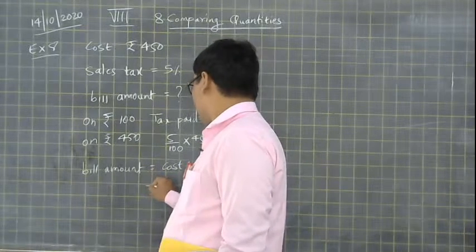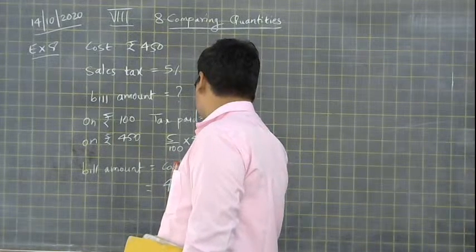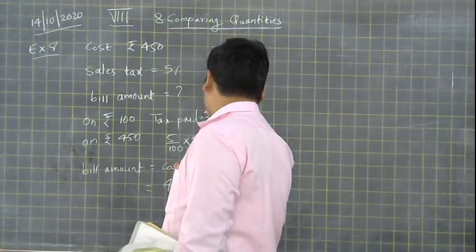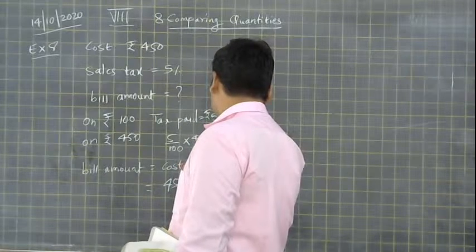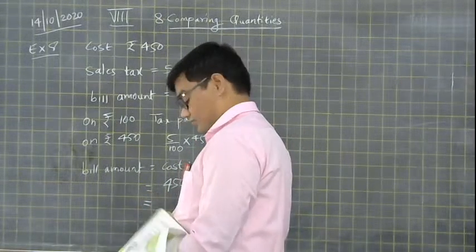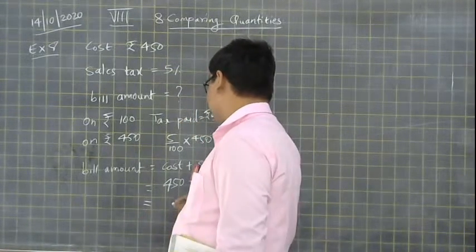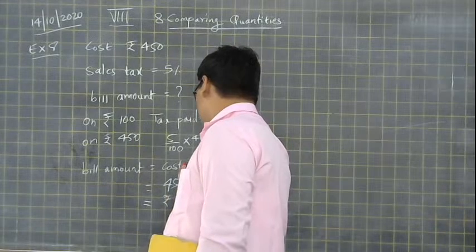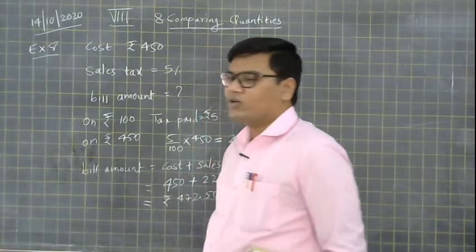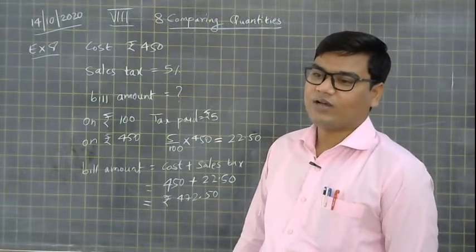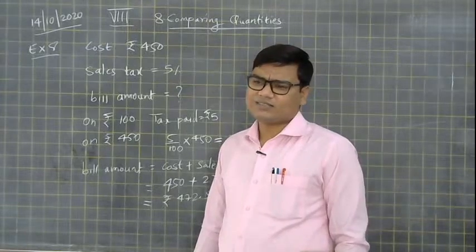So cost is equal to 450 plus sales tax 22.50, which is equal to rupees 472.50.